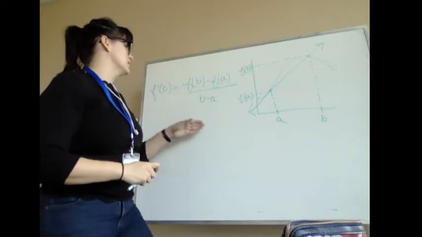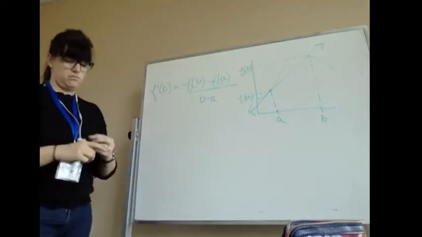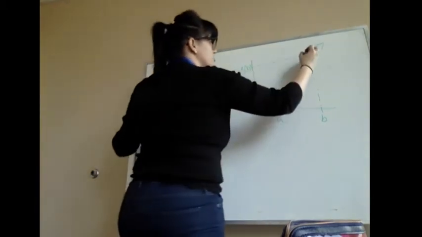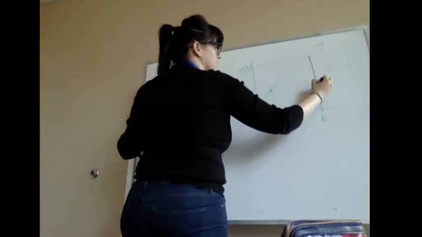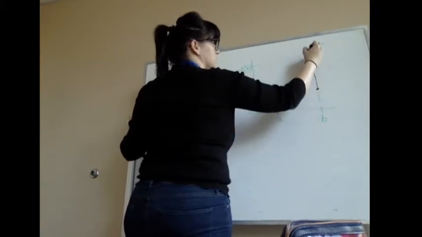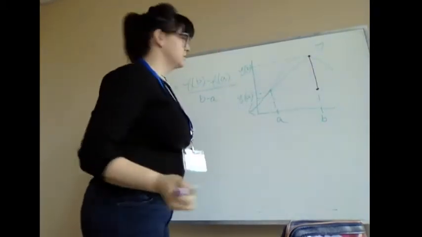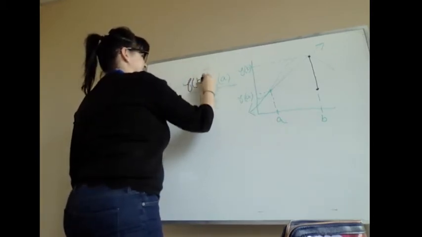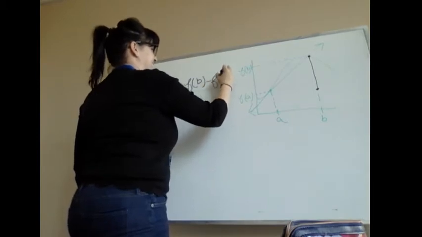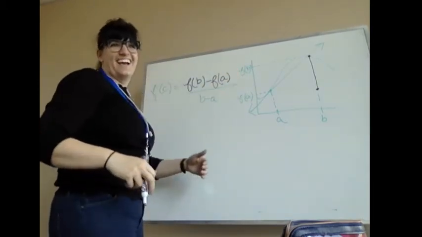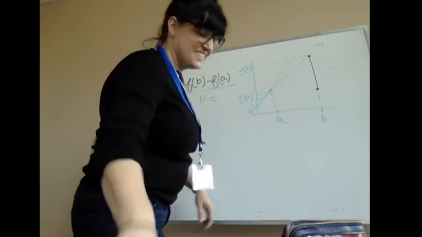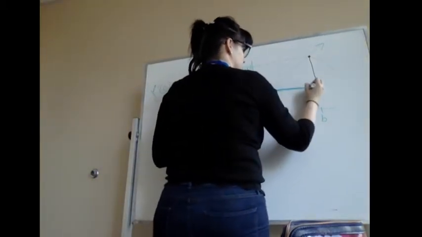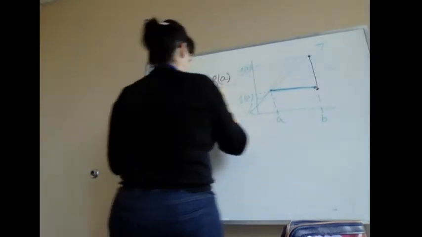The slope of the secant line is represented by this change right here in y, over our change in x, which is b minus a.